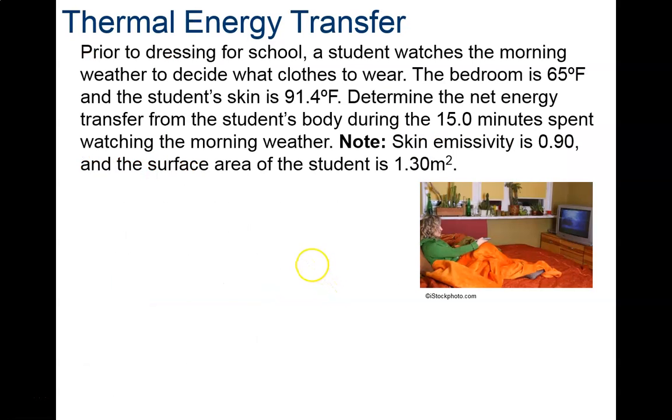So here we've got: prior to dressing for school, a student watches the morning weather to decide what clothes to wear. The bedroom is 65. The student's skin is 91.4 degrees Fahrenheit. Determine the net energy transferred from the student's body during 15 minutes spent watching the morning news, given the skin emissivity is 0.9 and the surface area of the student is 1.3 meters squared.